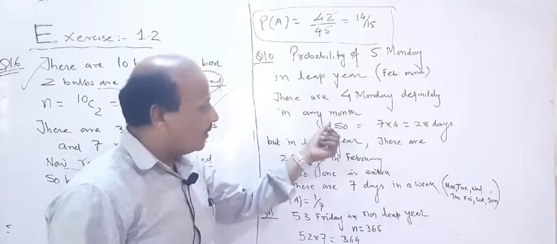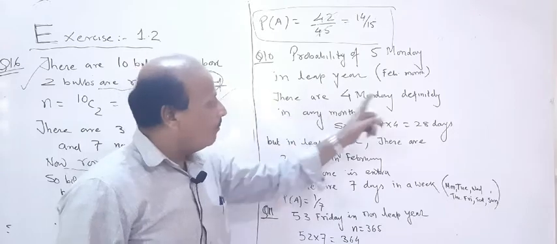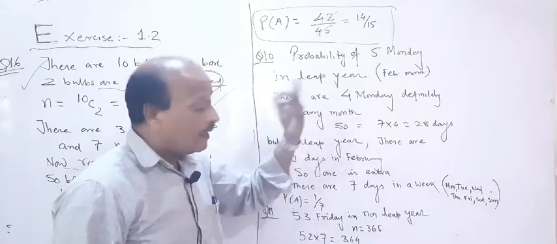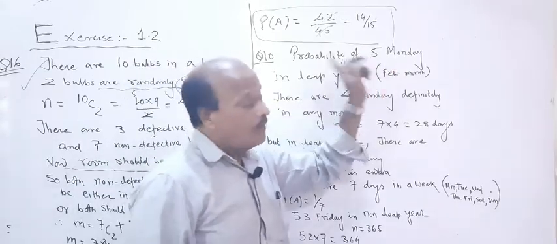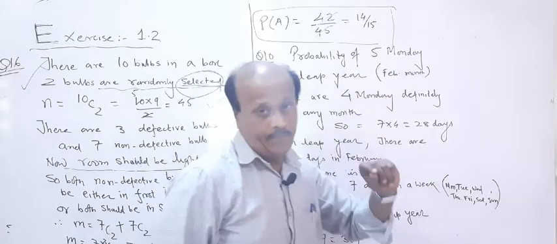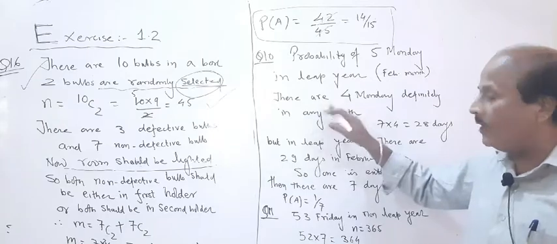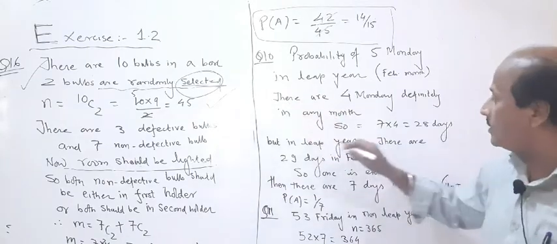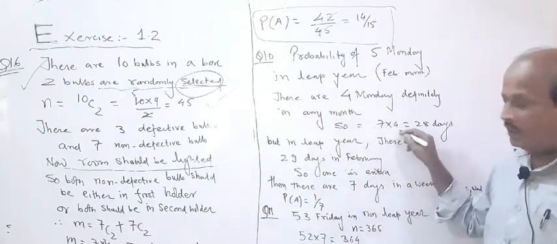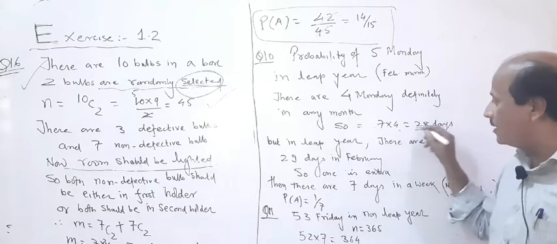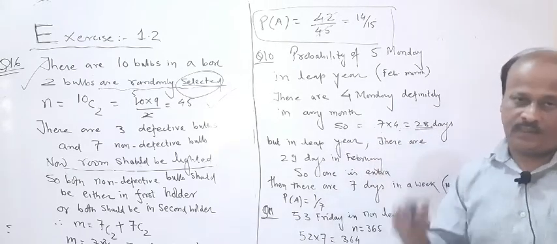Now they say that there are 4 Mondays. Definitely they are asking you to find the probability of 5 Mondays. So the probability of 4 Mondays is definite. Why? Because 7 4s are 28. So out of 28 days, 4 Mondays are guaranteed.